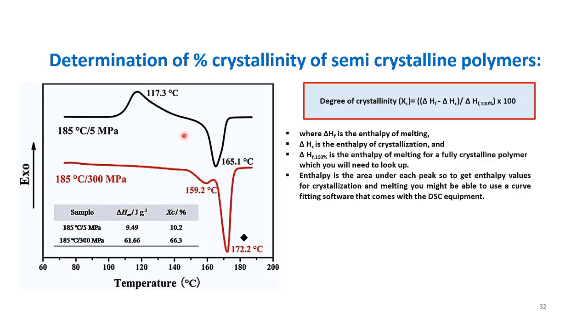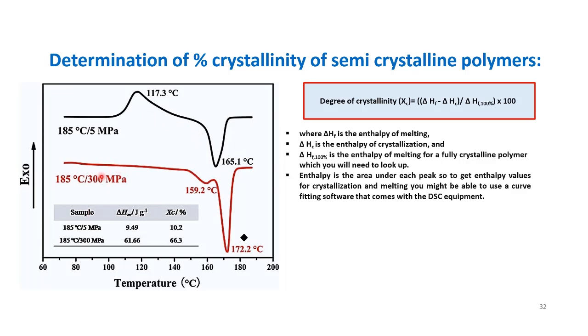Then the determination of crystallinity. We can determine the percentage of crystallinity in the polymer. If the material is amorphous, then the Tg will be lower, and if the material is crystalline, then the Tg will be higher. That is what we know from our earlier knowledge.